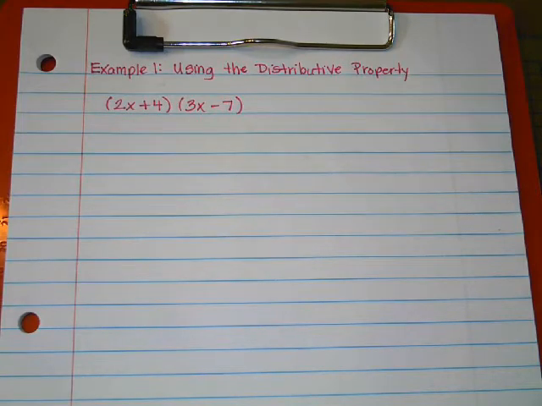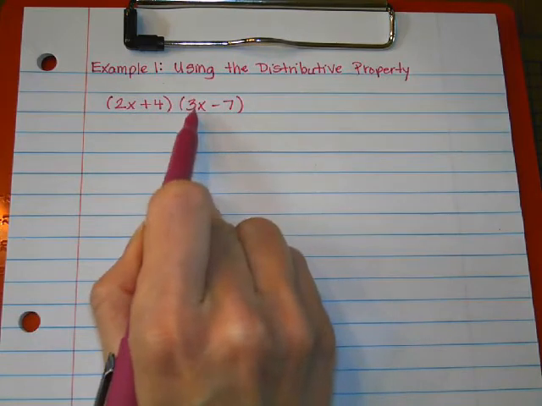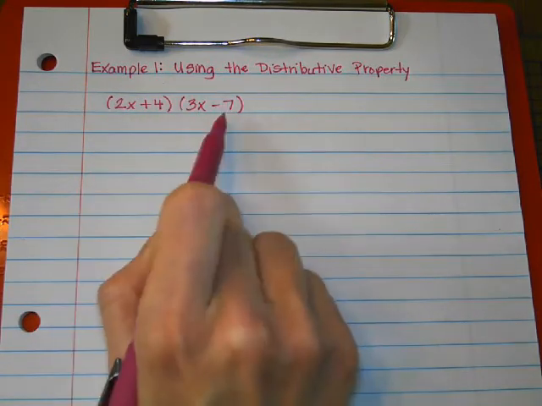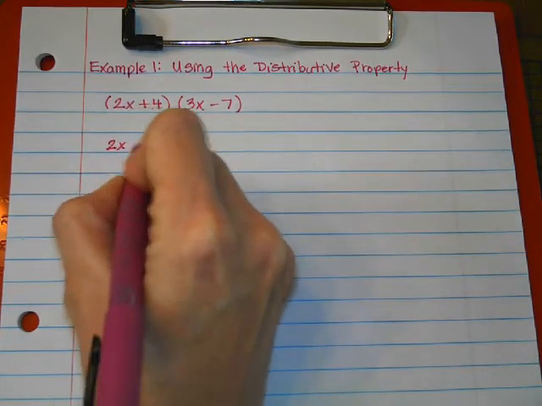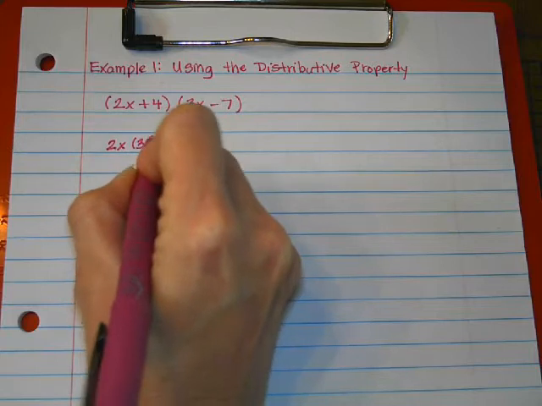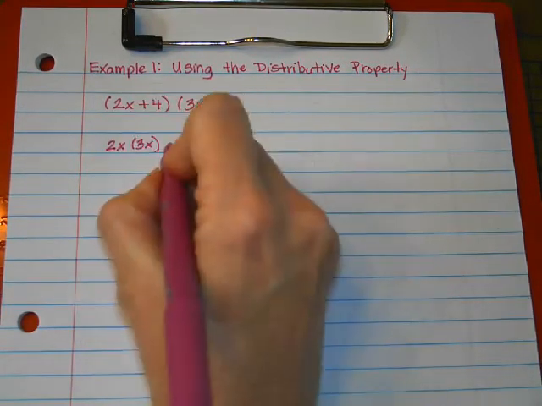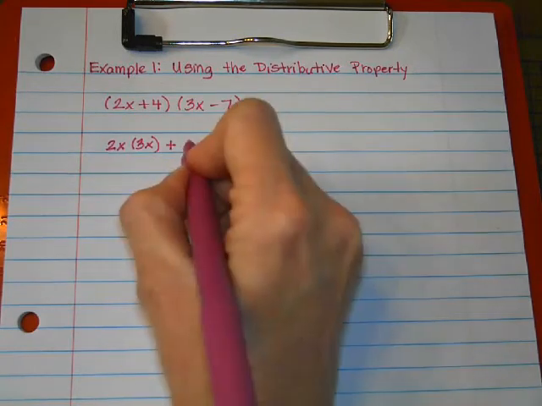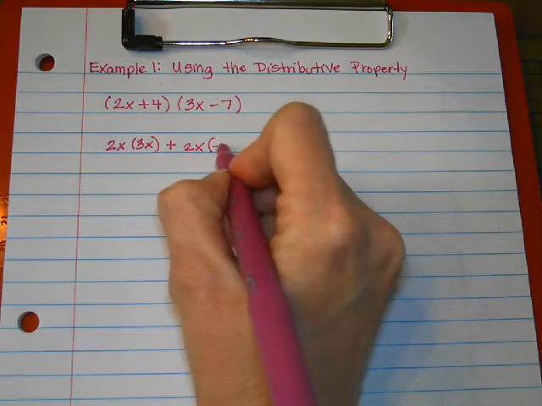We're going to use the distributive property, which means we're going to distribute this 2x to the 3x, and we're going to distribute this 2x to the negative 7. What they mean by that is we're going to take that 2x and multiply it times the 3x. Since our 2x is positive, I'm going to put a plus sign here, and I'm going to take that 2x and multiply it by the negative 7.